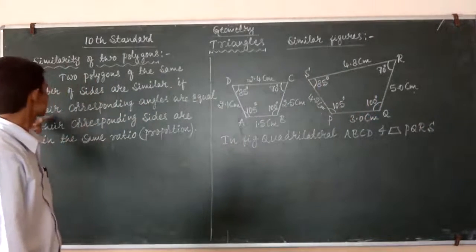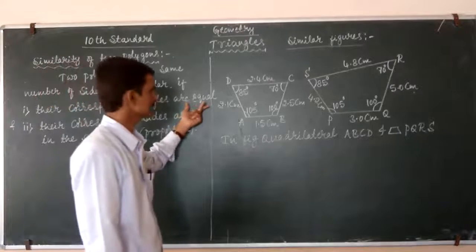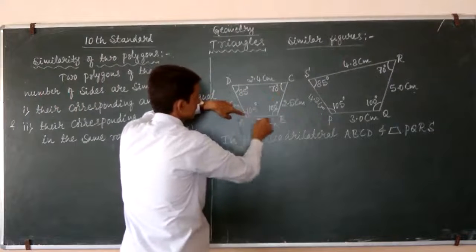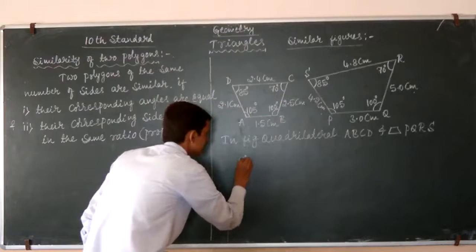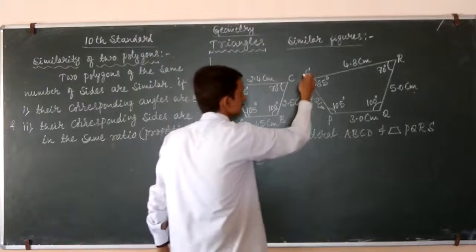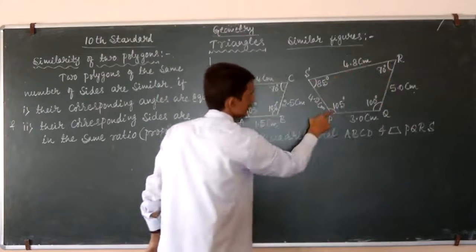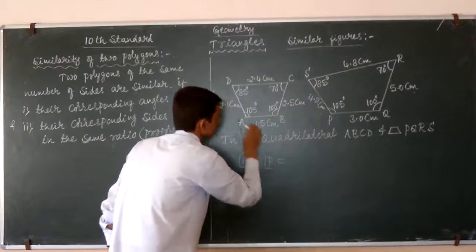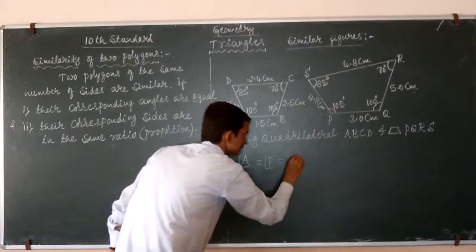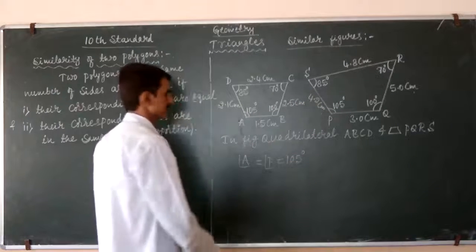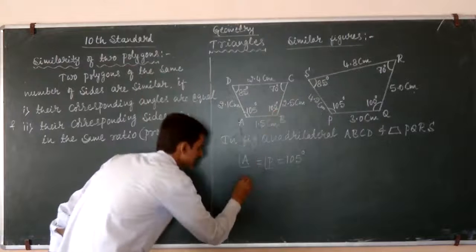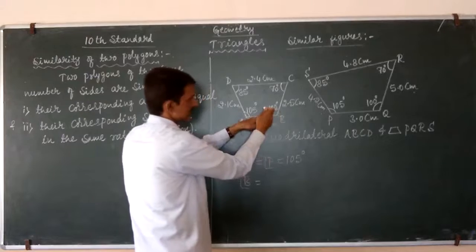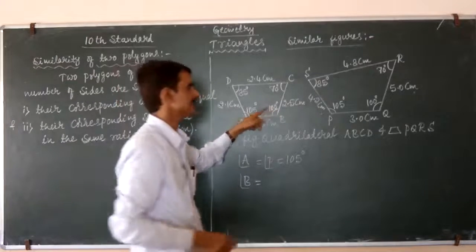First condition is their corresponding angles are equal. So look here, angle A in the quadrilateral ABCD equals angle P in the quadrilateral PQRS. Angle A equals angle P. Similarly, observe the angle B. Measurement of the angle B is 100 degrees.